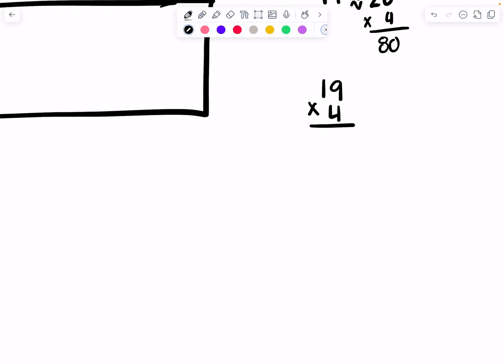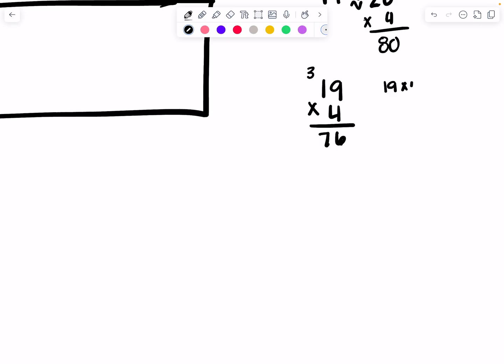So 4 times 9 is 36. I'm going to carry my 1. 4 times 1 is 4, plus 3 is 7. So 19 times 4 is 760.